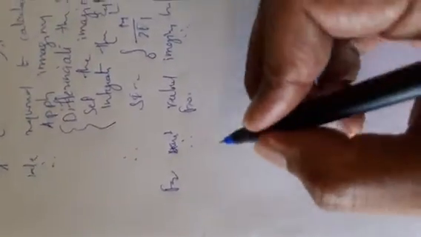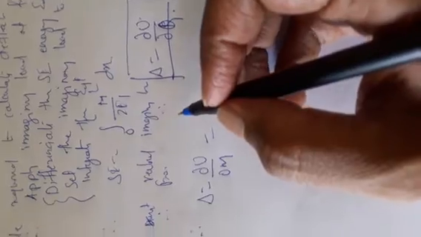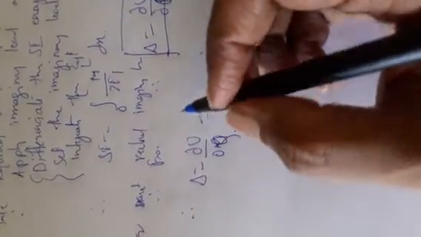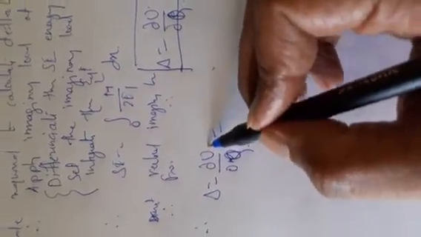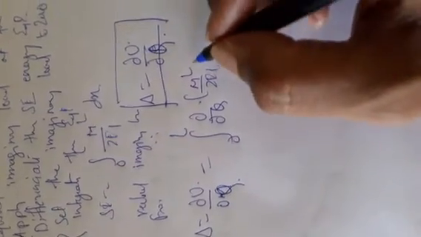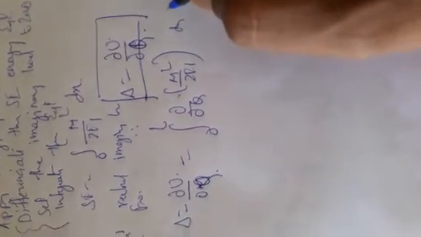Now let us substitute the values. Therefore, delta is equal to dou U by dou Q, not M, dou U by dou Q. So I will write the equation for U and differentiate it. 0 to L, dou by dou Q of M square by 2 EI dx.